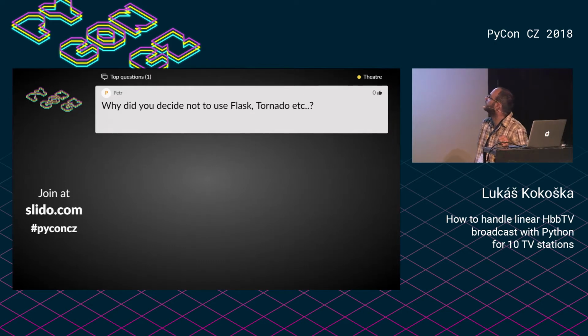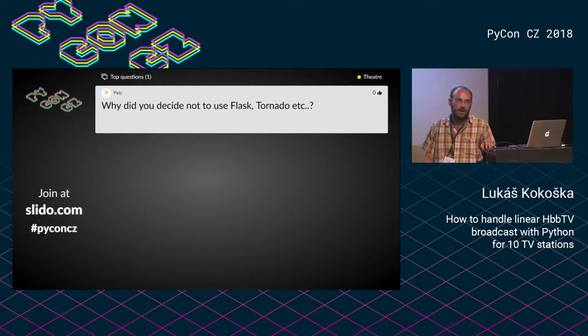One question on Slido. Why did you decide not to use Flask, Tornado, etc.? Well, I'll start with Flask. I didn't see why to have code that is not necessary in the application.